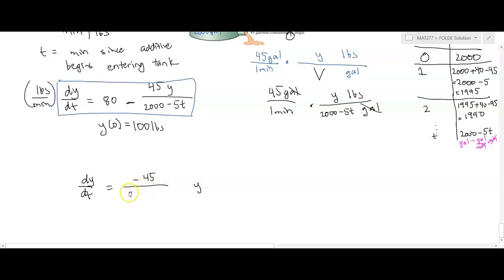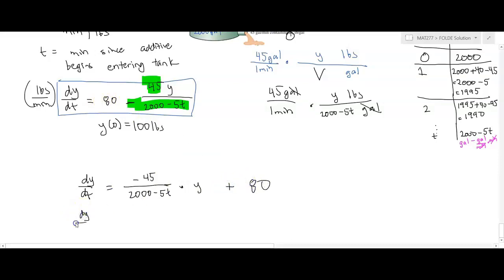So if I write this as negative 45 over 2,000 minus 5t times y, which is just me factoring out all of this right here, now I can see that this is going to be my a of t. And then I have a positive 80 here that I can put on the end.